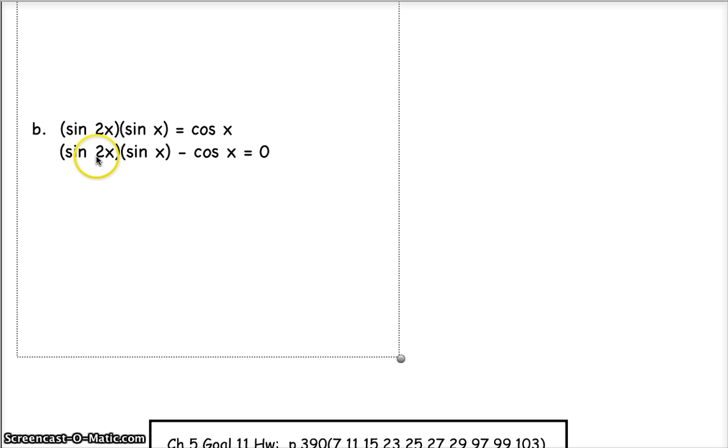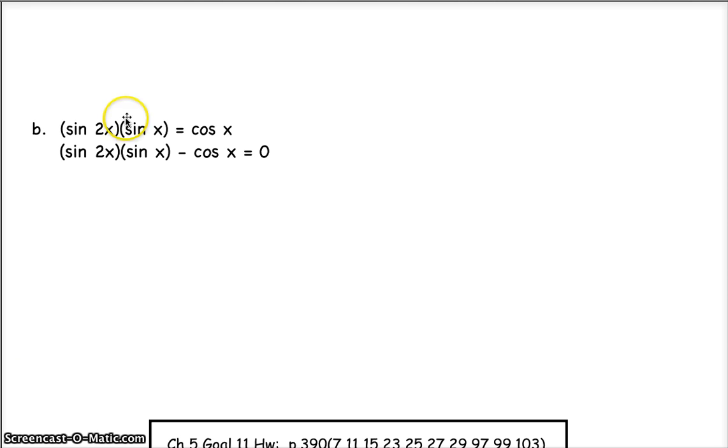that gives us sine 2x times sine x minus cosine x. Now, you might be tempted to multiply sine 2x and sine x, but because these are unlike terms, we cannot multiply them together. So in this case, we'll look for an opportunity to substitute. And again, we can substitute our double angle formula for sine.